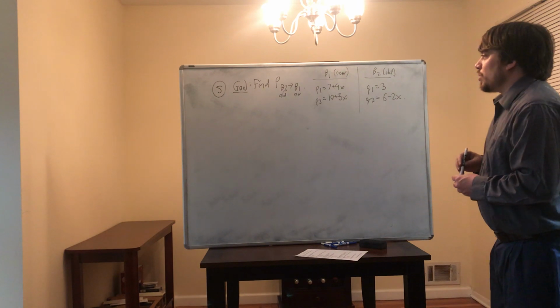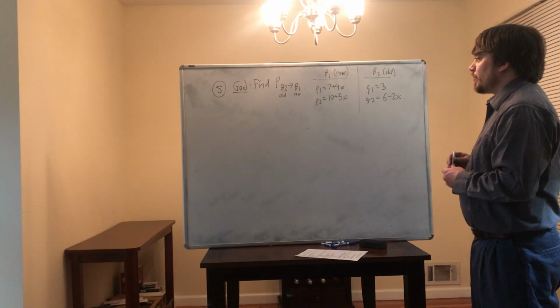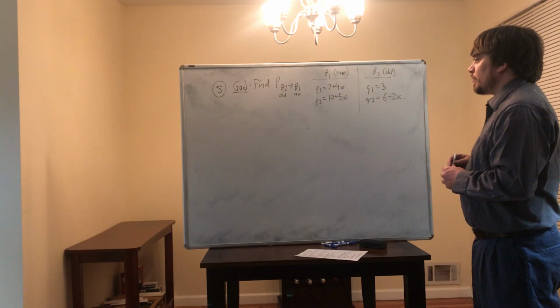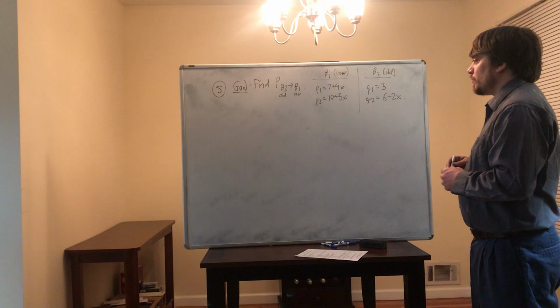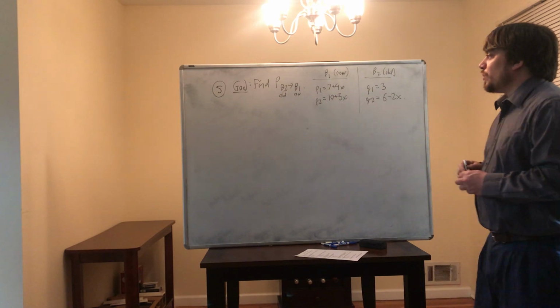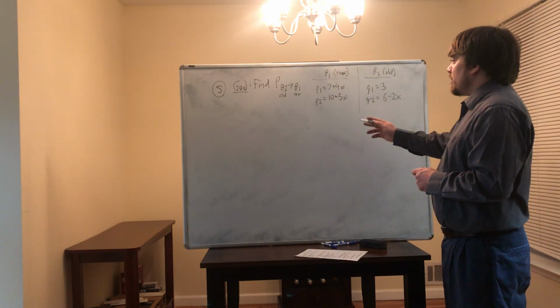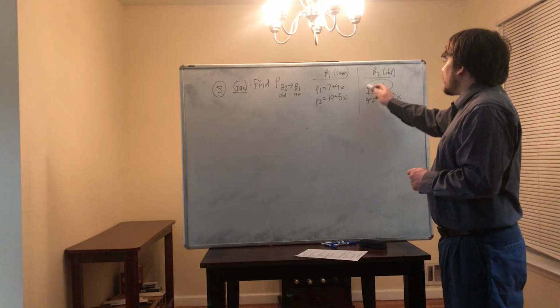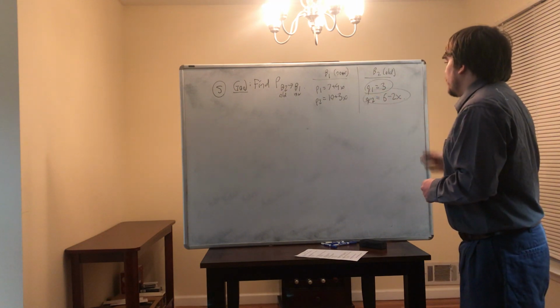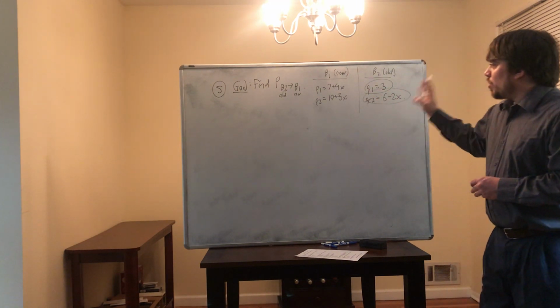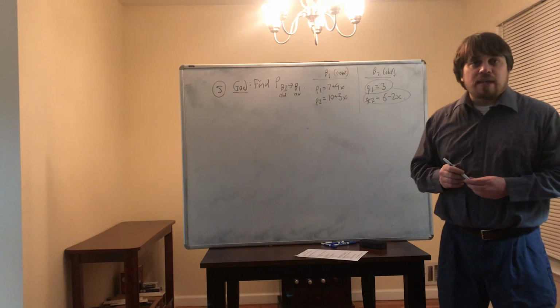And so now what we need to do is take all of the basis vectors in the old basis and find the coordinate vectors of those old basis vectors relative to the new basis.